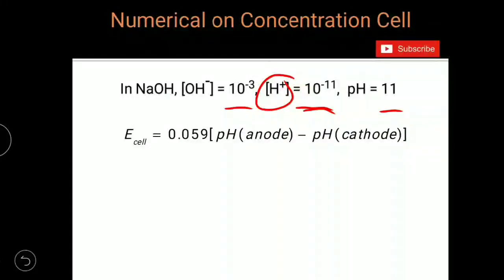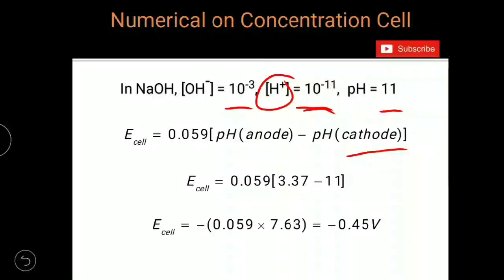So in anode we have acetic acid and in cathode we have sodium hydroxide. pH in anode is already determined, 3.37, and pH in cathode is 11. When you substitute these two in the formula of EMF equal to 0.059 into pH at anode minus pH at cathode, then you will get the answer minus 0.45 volts.